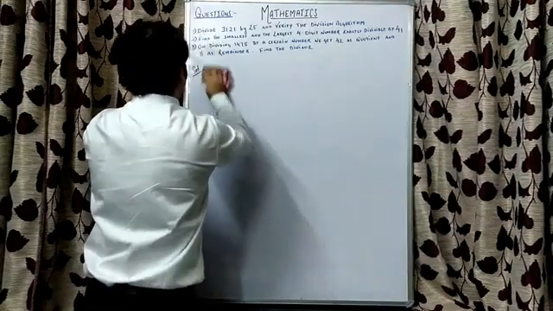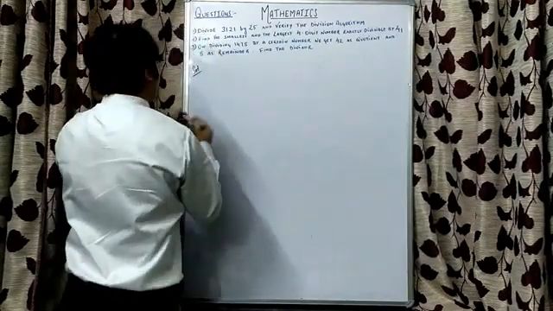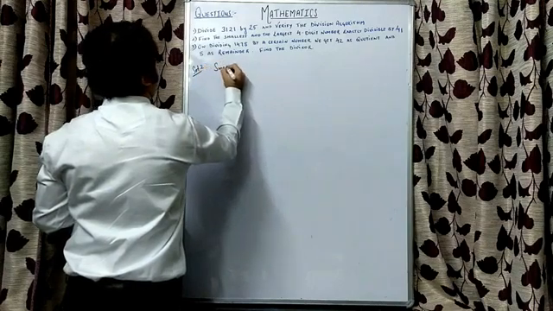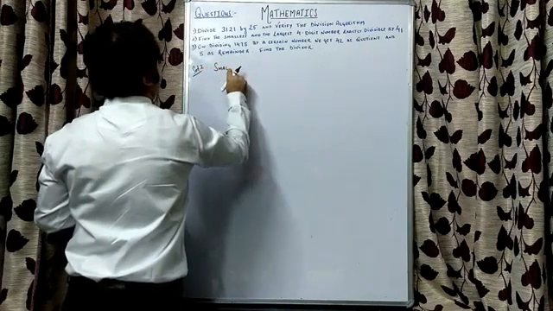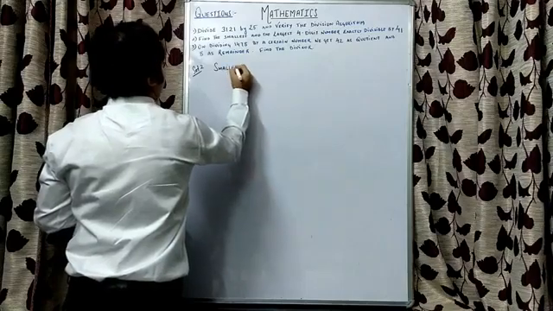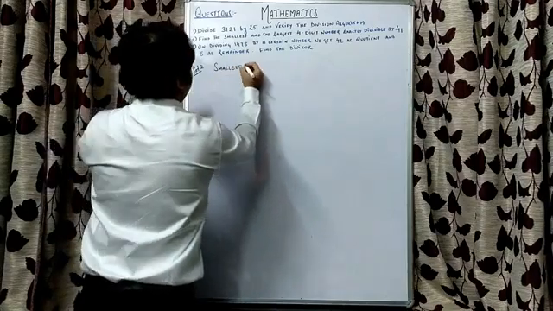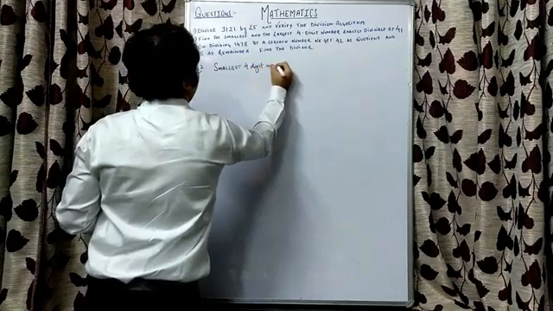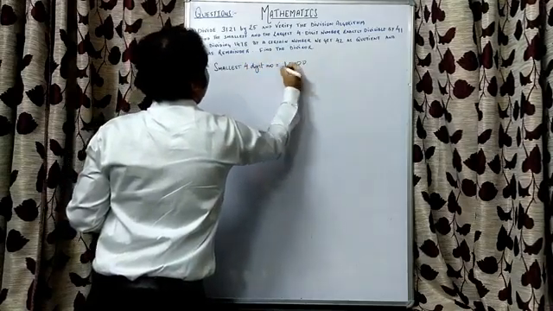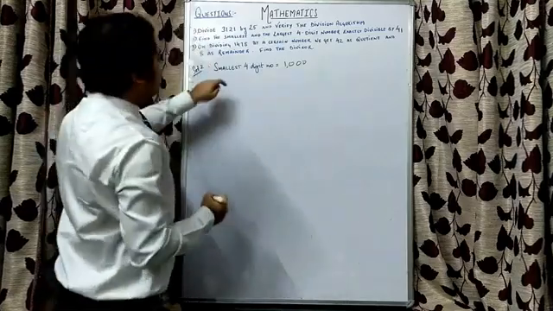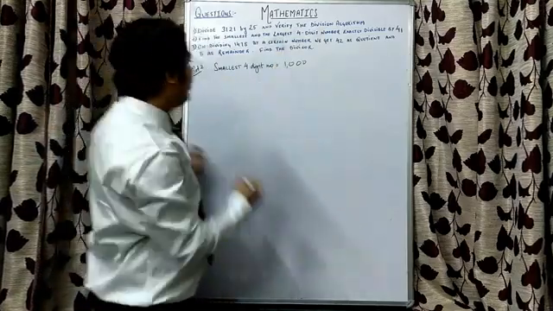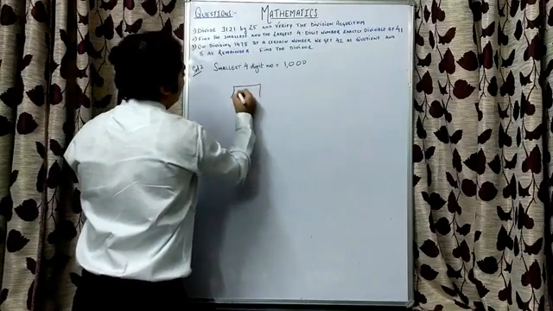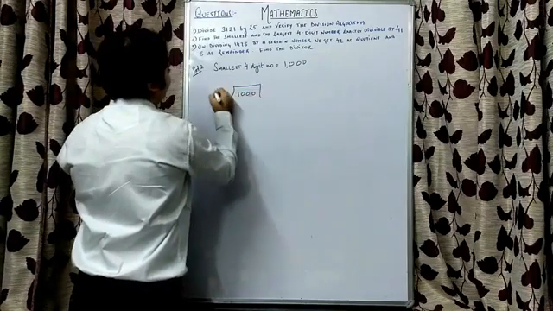So the smallest 4-digit number is 1000. Right? So we have to find the smallest number that is divisible by 41. So in this case, what we will be doing is we will divide 1000 by 41.